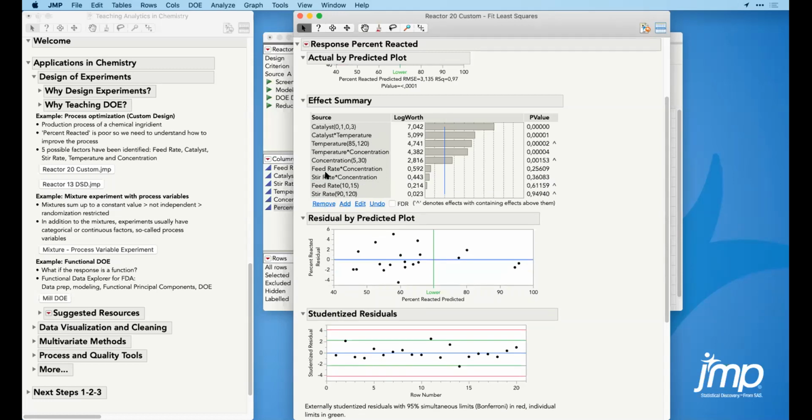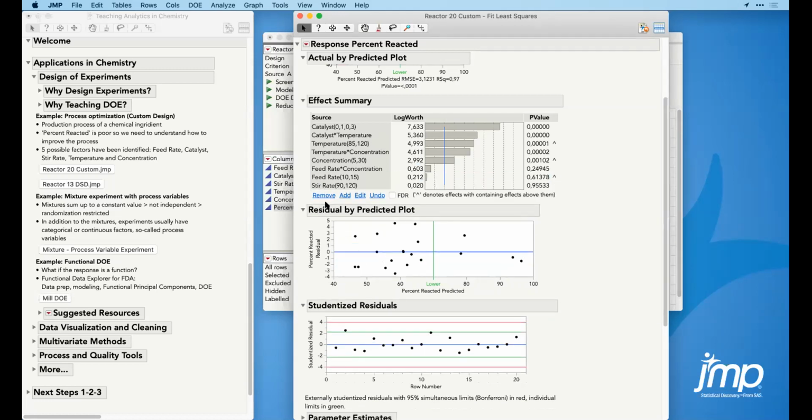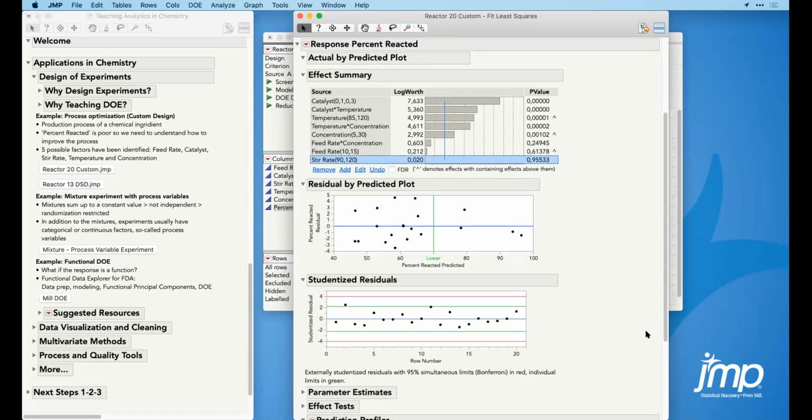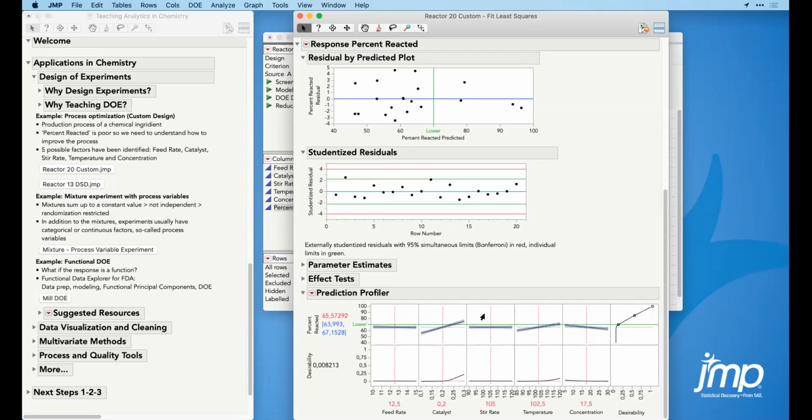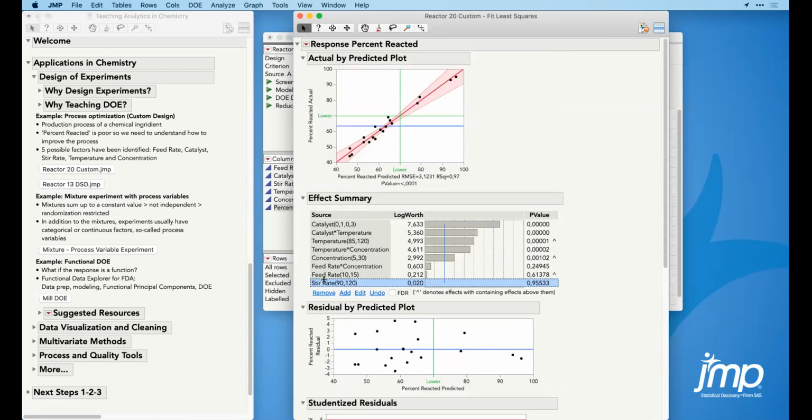Typically higher order effects first, but now I can also remove the main effect stir rate. It does not seem to have a significant effect. You see also here the slope is flat, so this is not really changing anything in our response. So let's forget about it.